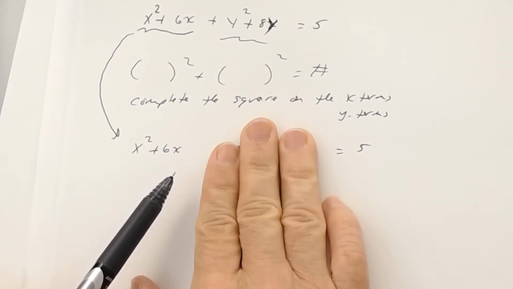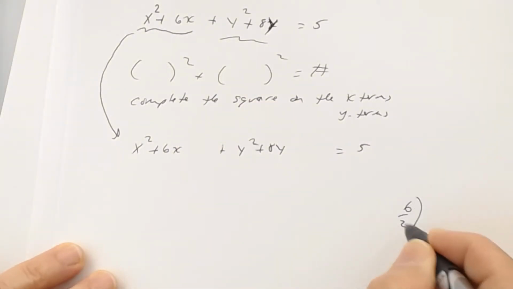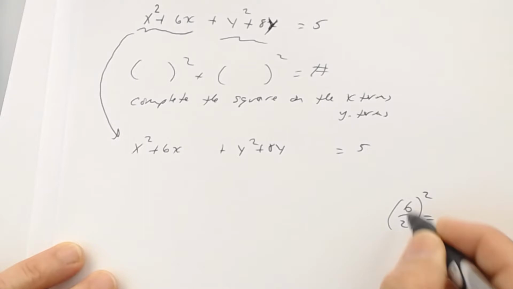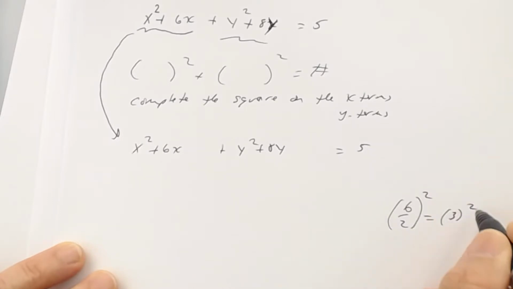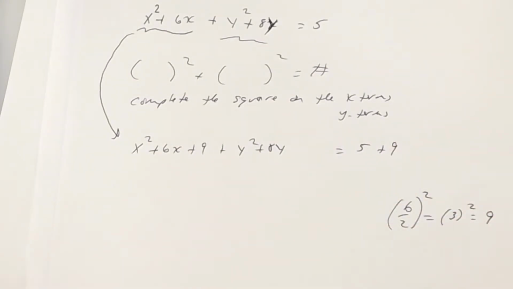What do I do to it? Divide by 2. So 6 divided by 2 is 3, and what do I do to that? Square it. What's 3 squared? 9. So I add 9 to both sides, just like when we reviewed solving the quadratic equation by factoring.